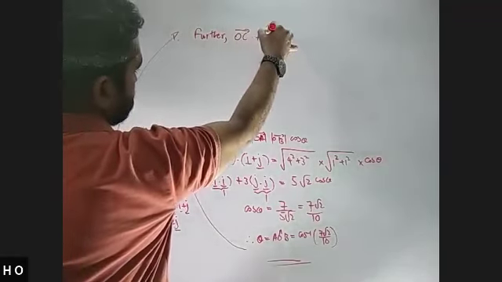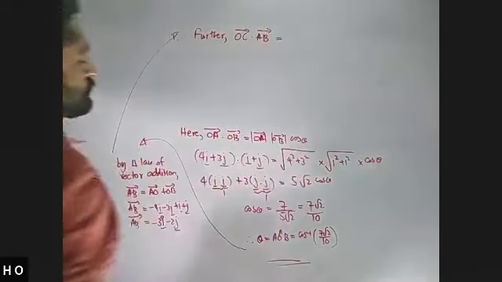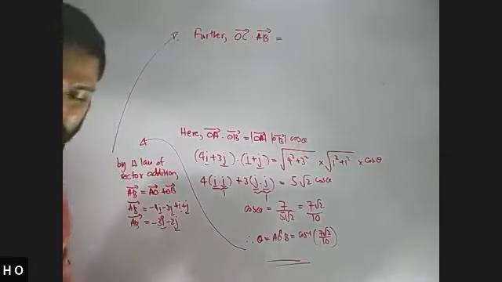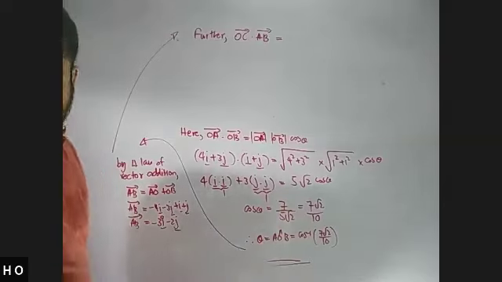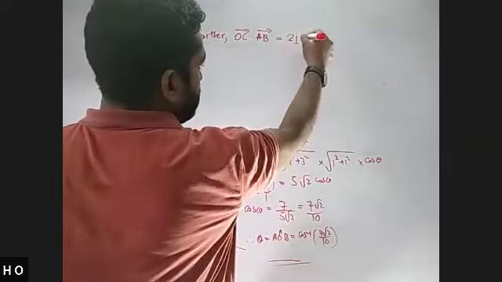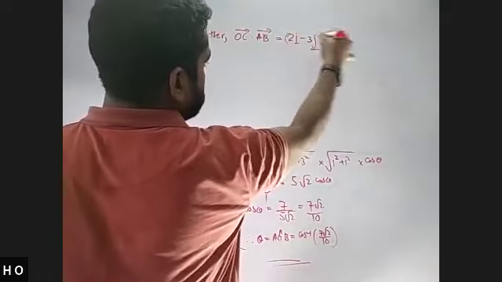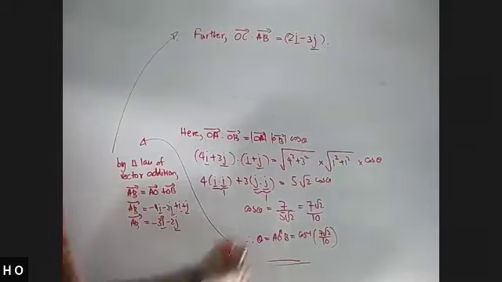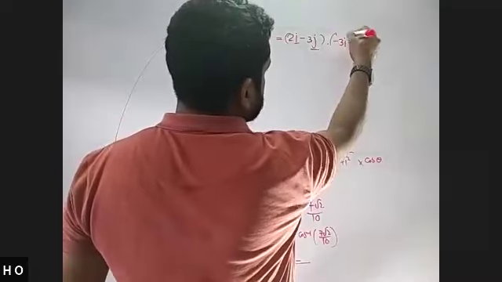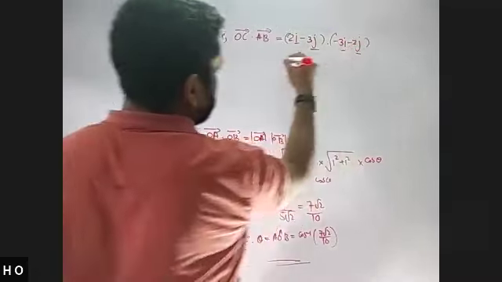OC dot AB is going to be, what is OC as they have given? 2i minus 3j, dot minus 3i minus 2j.